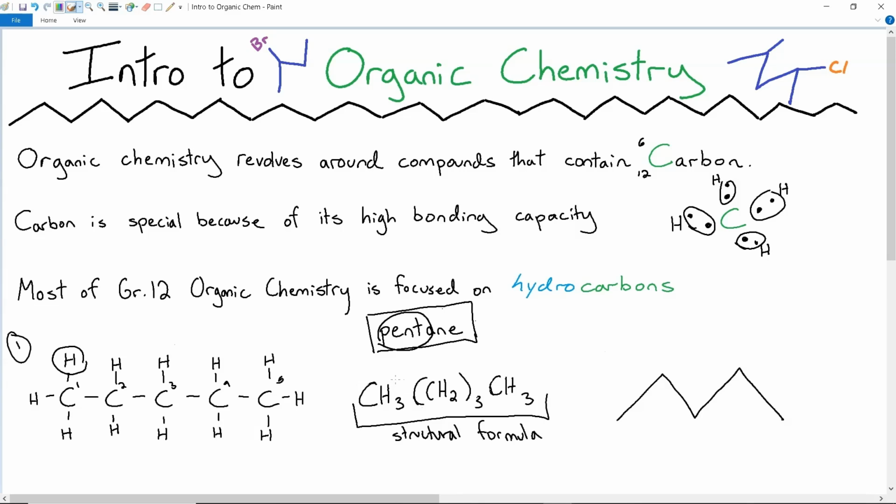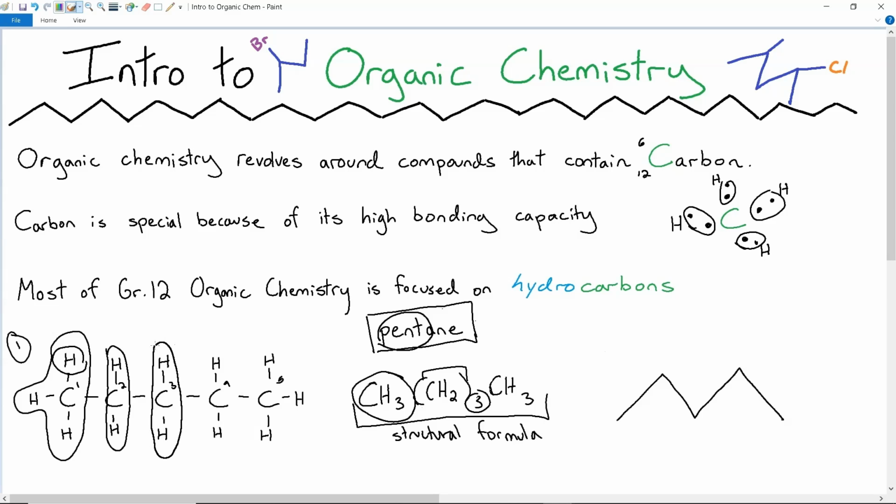Instead, I've kind of put elements into groups. So this first group of CH3 is showing our first chunk of our hydrocarbon. Then I have 3 groups of CH2, and if I go back to the first drawing, I can clearly see those 3 groups of CH2. And then finally, to sandwich everything together, we have a CH3 at the end.